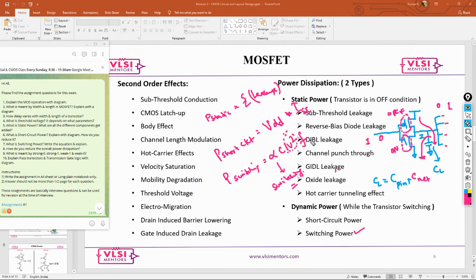And then frequency. Now let me ask you this way. Say there is design 1 which operates at 500 megahertz, and there is design 2 which operates at 1 gig. Which one will consume more power?